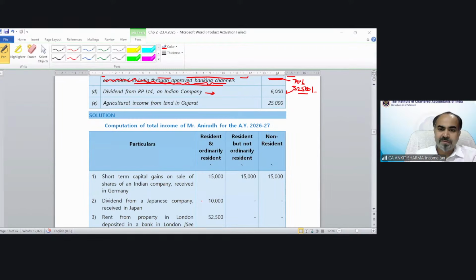So whenever there is rental income from a building, not land, only 70% needs to be considered. Dividend taxed in all the three categories. And of course, agricultural income was exempted, so not going to be taxed in any category. I hope it's clear.